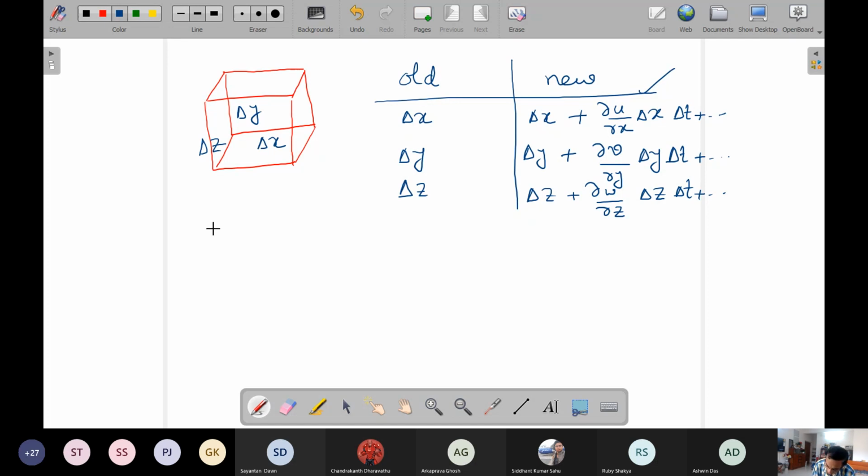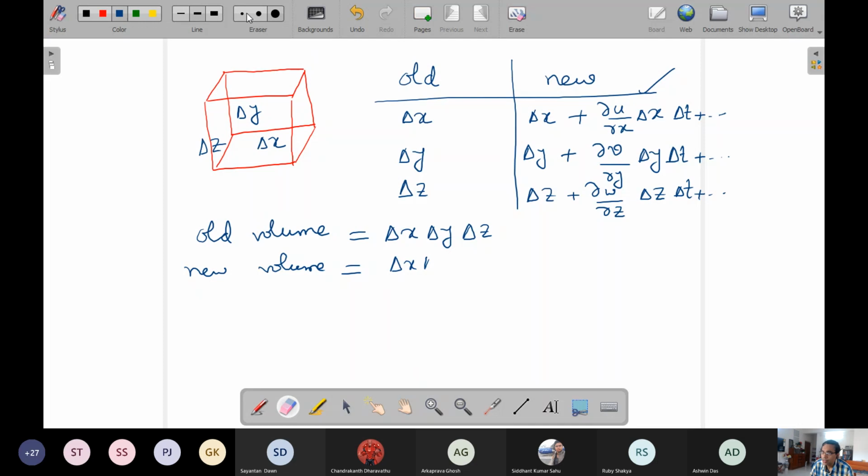So let us write the old volume. The new volume. New volume will be the old volume. Sorry, I mean, let us write it after full expansion, and then it will be clear to you.